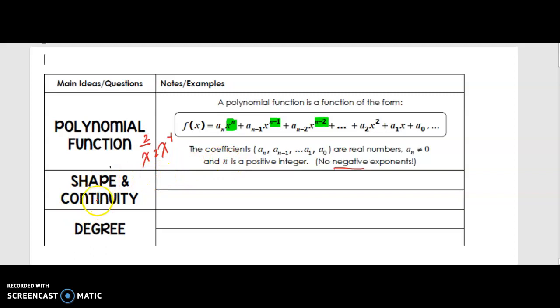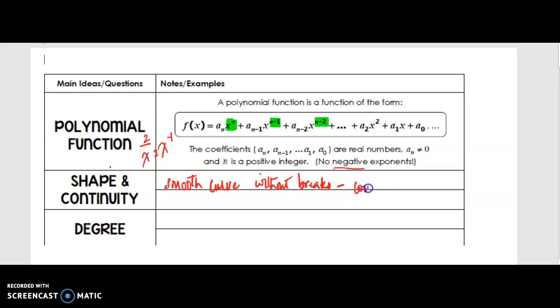Okay, so normally, since they are not rational functions, the shape and the continuity is that they are smooth curves without breaks, which means they are continuous.